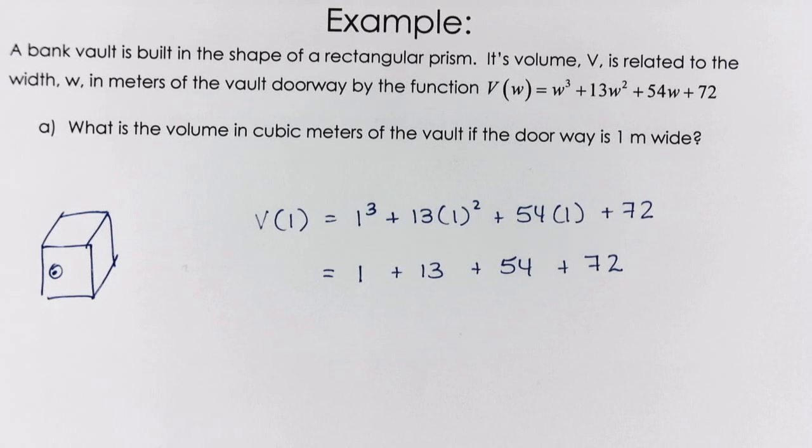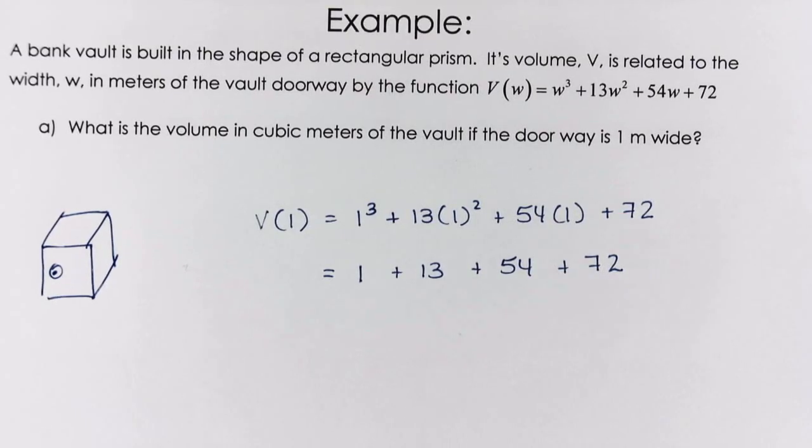What is that? Can you do it without a calculator? How much? 140, I would agree with you. How'd you do that in your head? What math things did you think about? You just added, so you did 1 plus 13 is 14, 14 plus 54 is 68 plus 72. It's very easy.